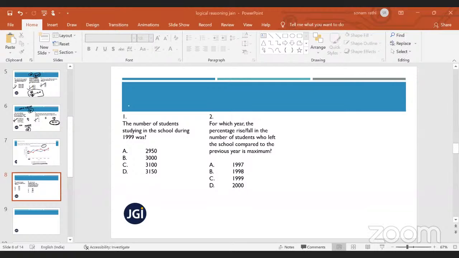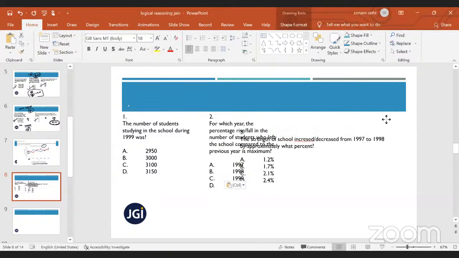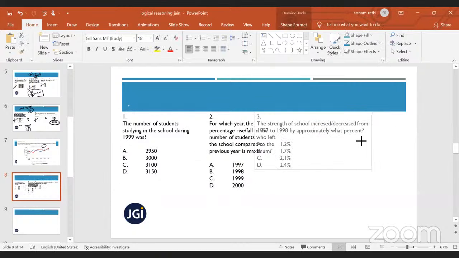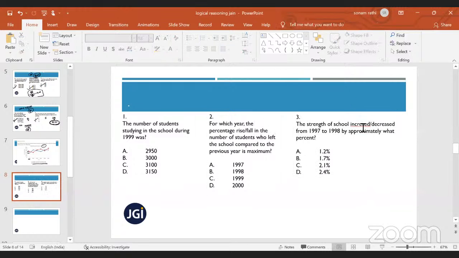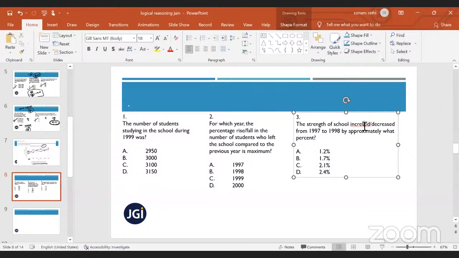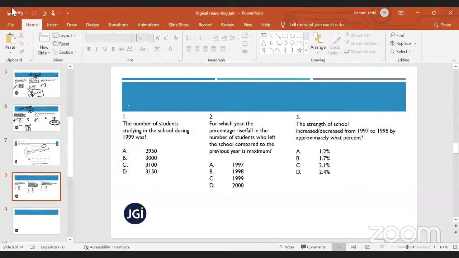Question number 3. Do these 3 questions.